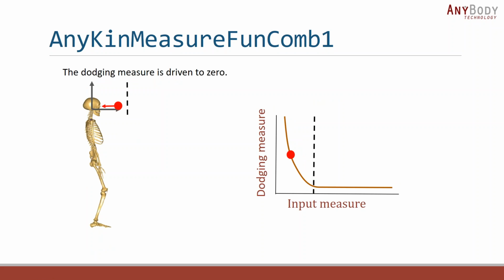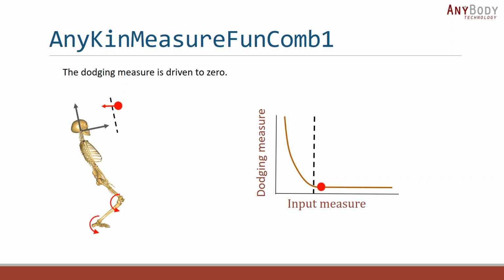So what happens if the obstacle is closer than the reaction distance? Well, the optimizer or kinematic solver will basically try to minimize these measures here. So in this case, it will try to move this red dot down so it gets close to 0 again. And to do so, it will try simply to violate some of the other constraints in the model.